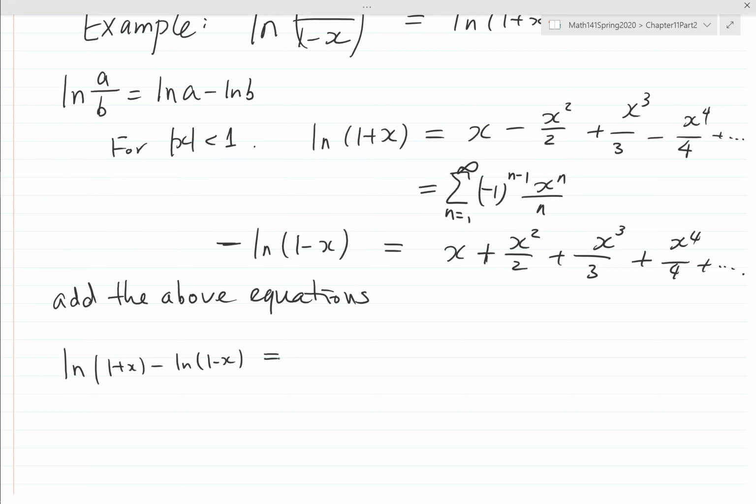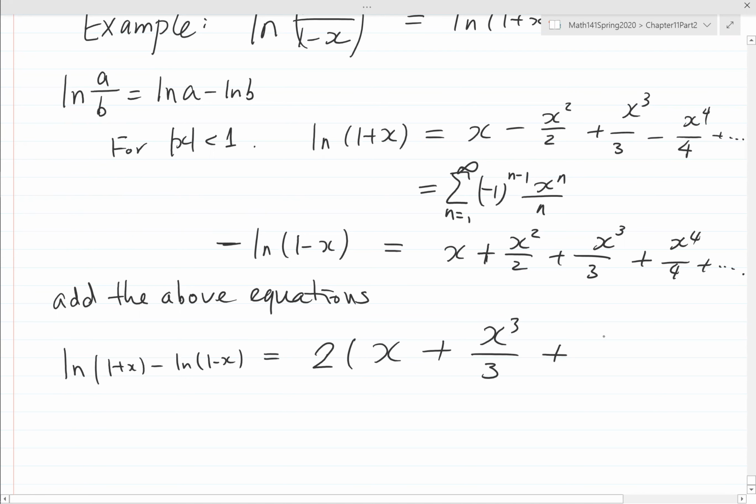Even terms cancel out, odd terms remain. So we get twice x, plus the odd term x cubed over 3. The x to the power 4 cancels out, etc.